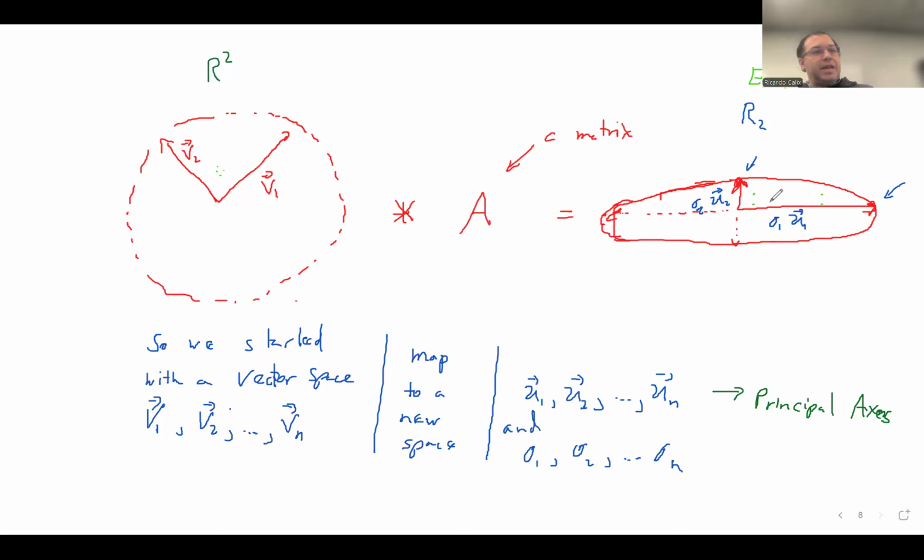Okay? So now let's more formally put this more concretely. There is, in fact, a relationship, as you can see, between V1 and its corresponding U1 times O1, right? That's obvious. Every axis is being mapped. So more formally, we have now the matrix A, right? That was the rotating and stretching matrix.